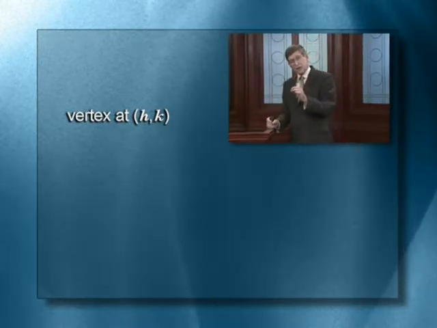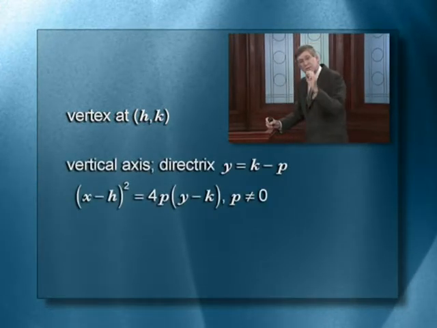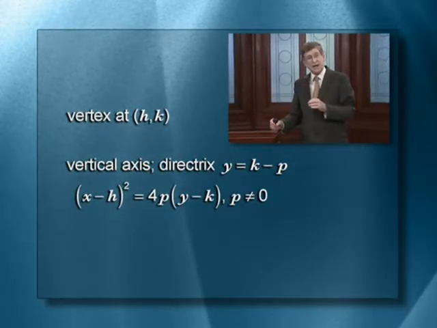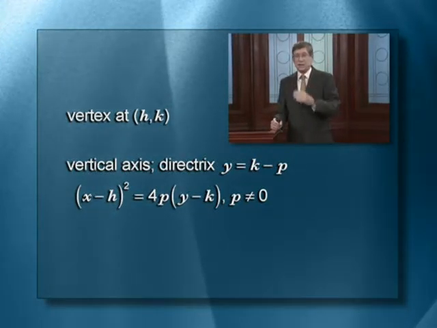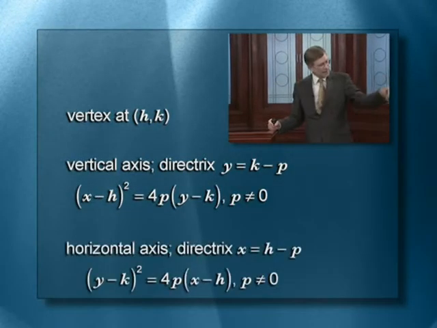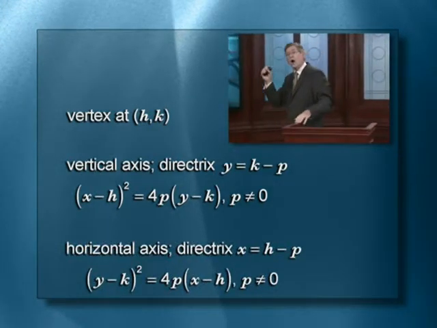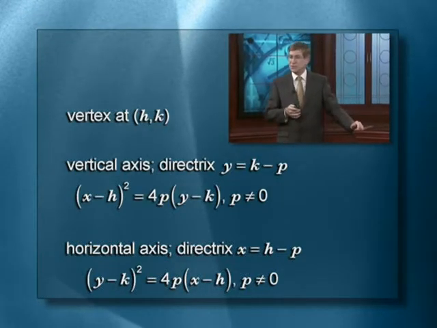And the standard equation of that parabola with vertex h, k is the following. x minus h quantity squared equals 4p times y minus k, where p is not equal to 0, of course. And if you have a horizontal axis, if the parabola is opening to the left or the right, then the equation is slightly modified. It's y minus k squared equals 4p times x minus h. And of course, again, p is not 0. Kind of complicated looking equations, I admit it.